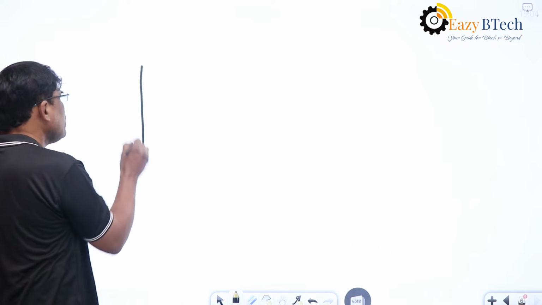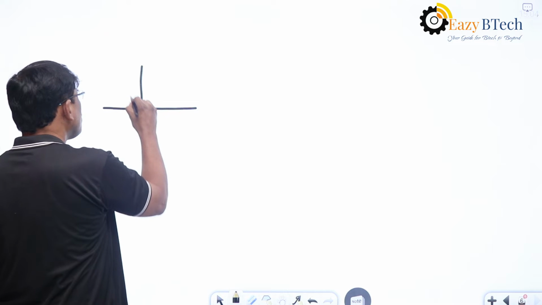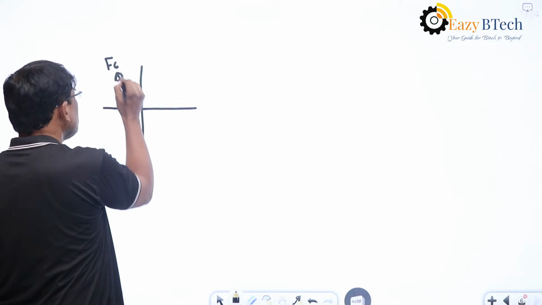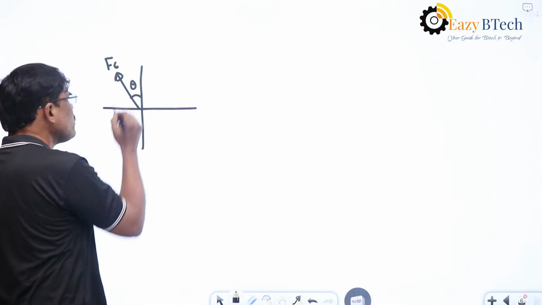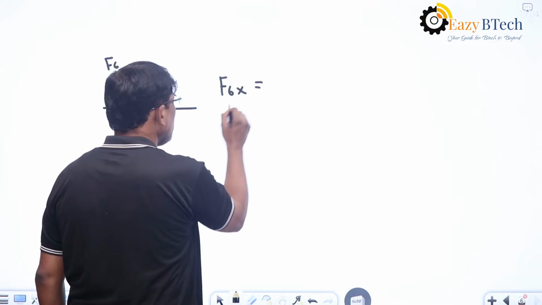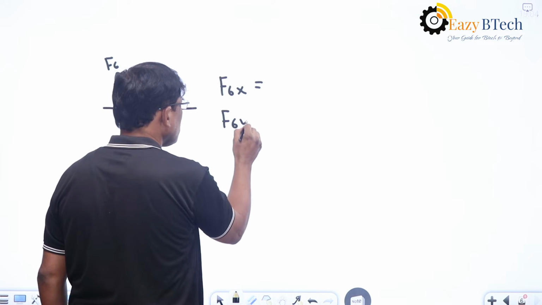And if you take a force, let us say F6, and it is making angle theta with y. Then what is F6x and F6y?